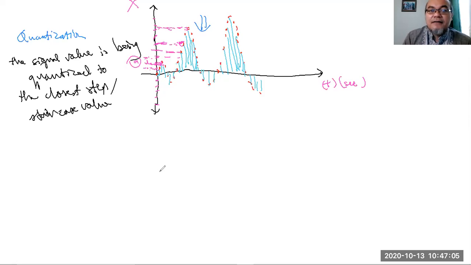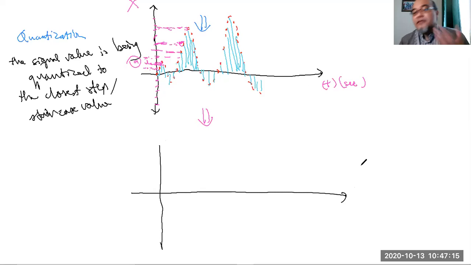So what we will have later is loss. In the previous discretization, we already lost the value between two sampling periods. In the quantization step, we lose further the value of the signal between the staircase values.